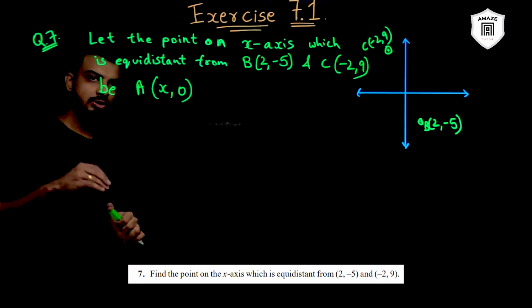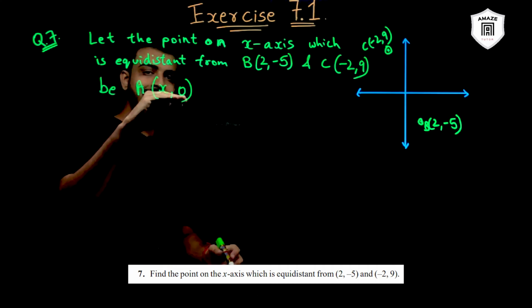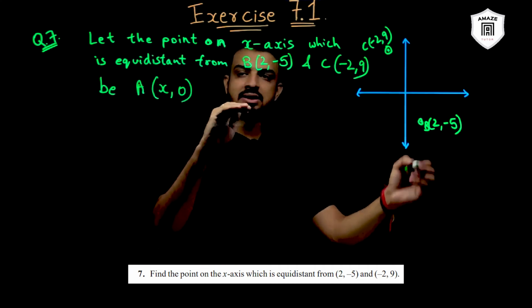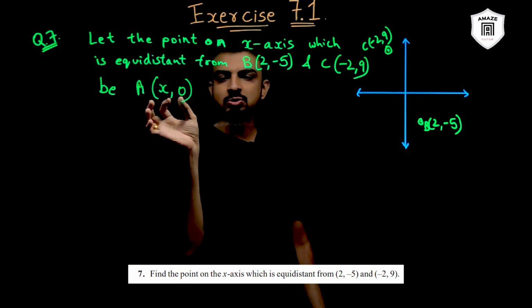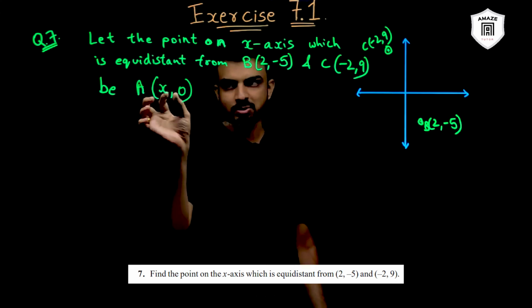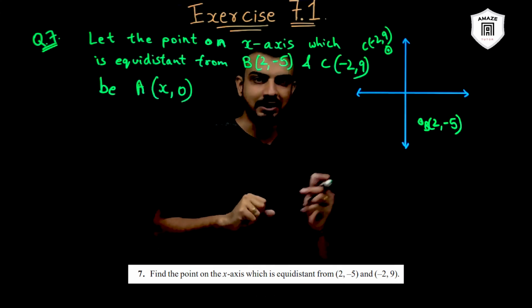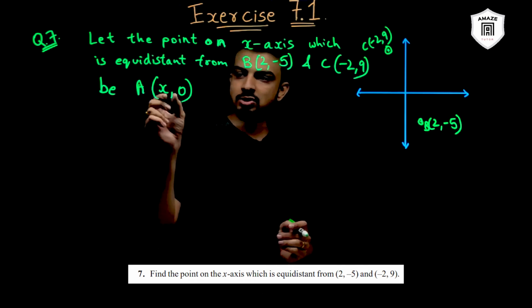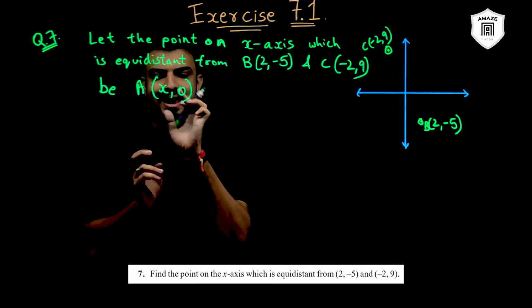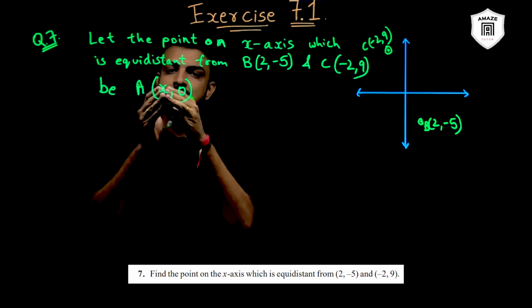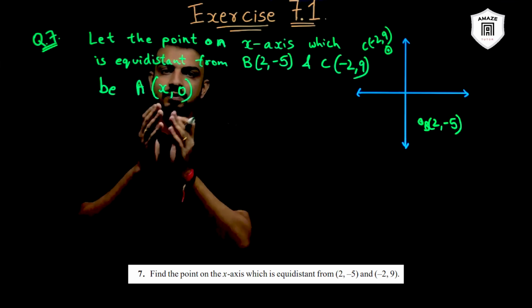I hope you understood what I have taken here. The point which is equidistant from both these points, I have taken as A, and the coordinates will be x comma 0. We do not know x, but we are sure that this is going to be 0 because it's a point on the x-axis, right? So x comma 0. So we just need to figure out x. Then we'll get the coordinate form of point A, right?